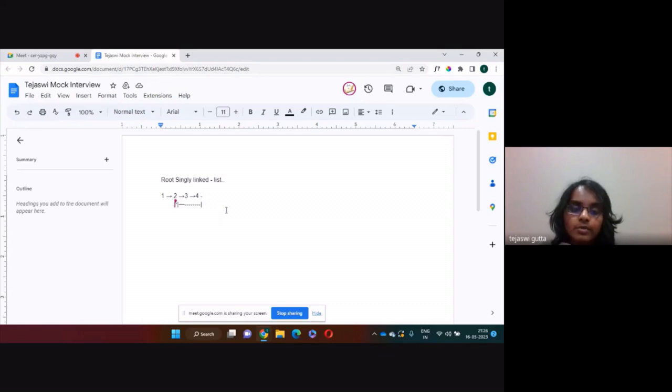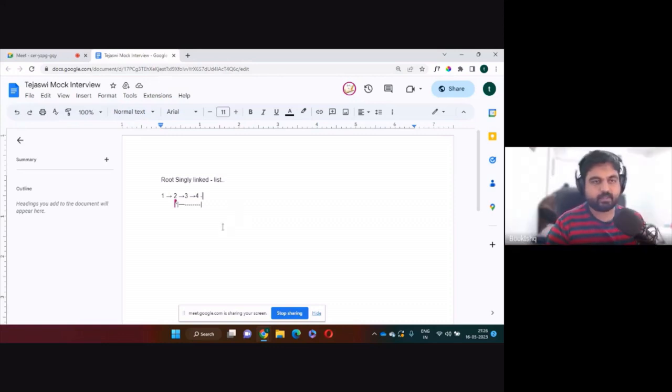And if at a point my slow and fast pointers are equal, I would say that there is a cycle in the linked list. So for this, the time complexity would be O of n, and then the space complexity would be O of 1.